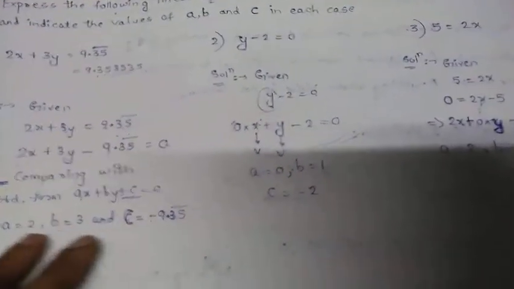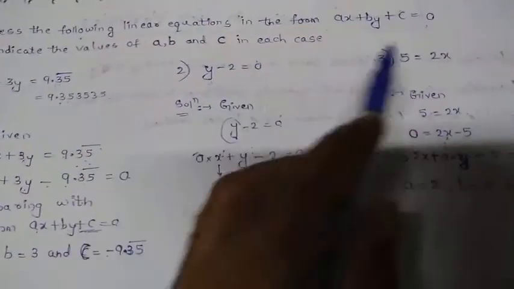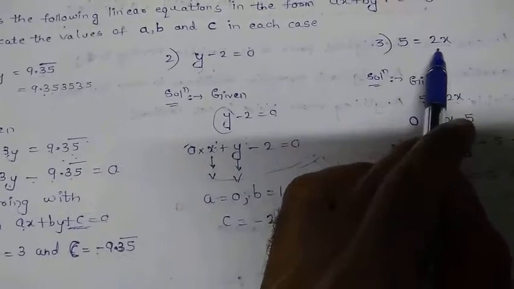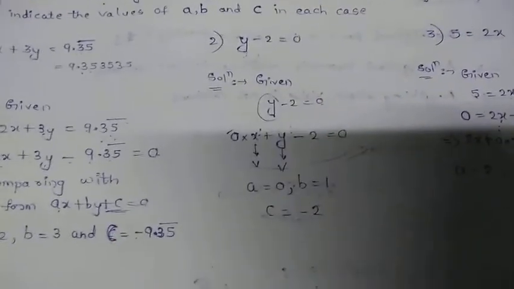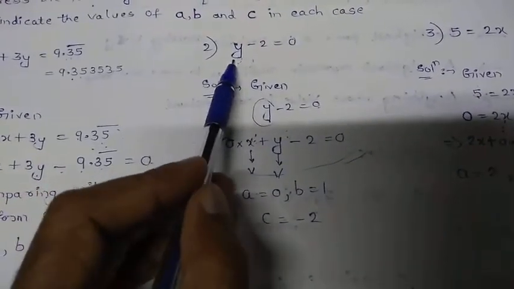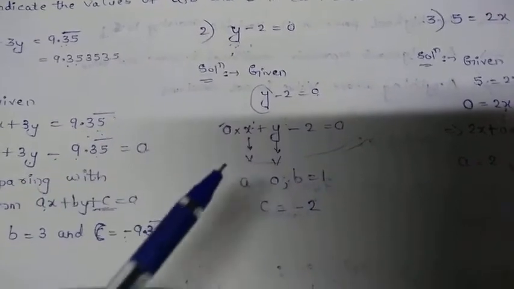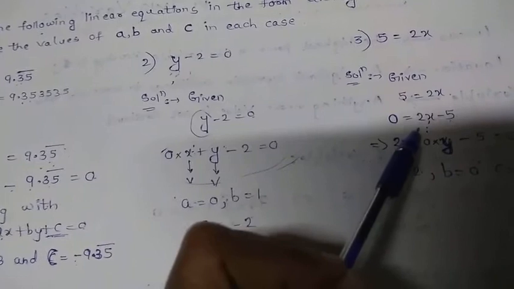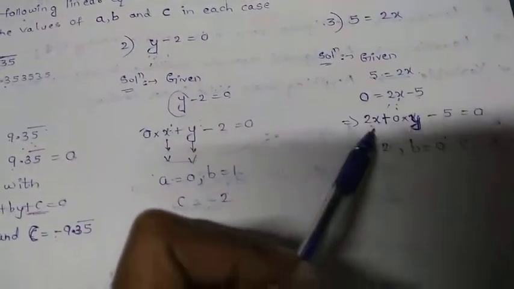So if you observe one thing, in question number 2 and question number 3 we had only one variable, right? Here we had x and here we had y. So we converted this linear equation in one variable to linear equation in two variables, right? See, observe. So here we had only x, now we converted it into a linear equation in two variables.